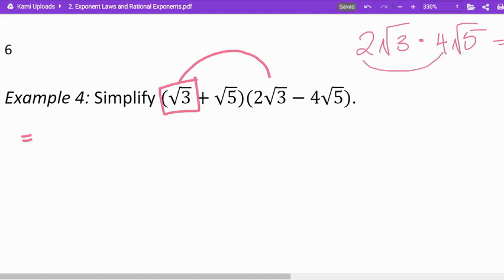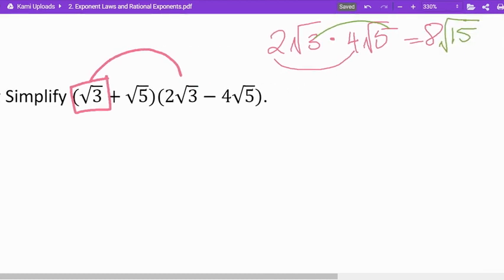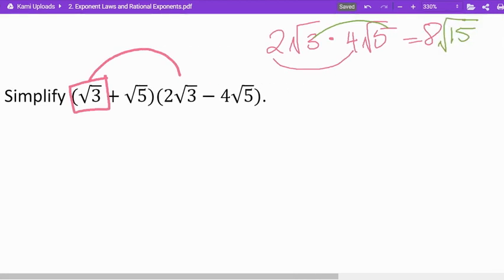So 2 times 4, that's 8. And then the radicand multiplies the radicand. So 3 times 5 is 15. Questions about that? That's like a fundamental piece for this question. We good? Okay, so if you have that, the coefficient multiplies the coefficient, radicand multiplies radicand. If you've got that, we can do this.